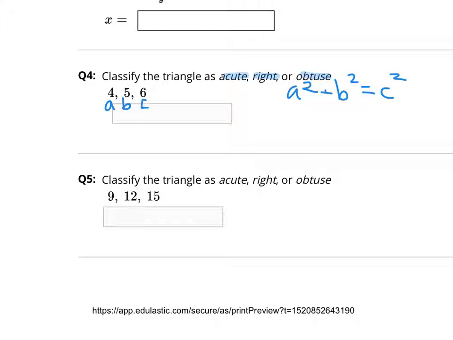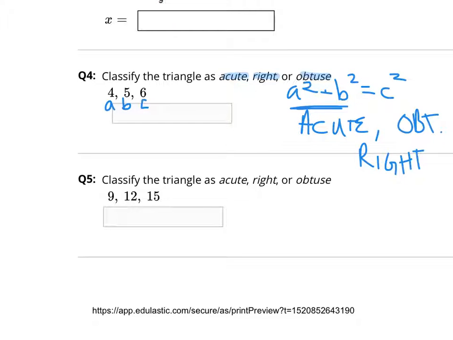If the left side comes out bigger, it's acute. If the right side comes out bigger, it's obtuse. And if they're the same, then it's a right triangle. Okay? So that's how you do those.